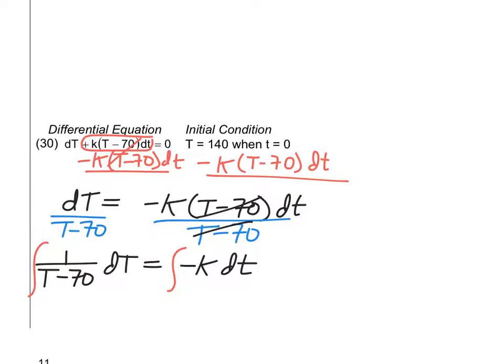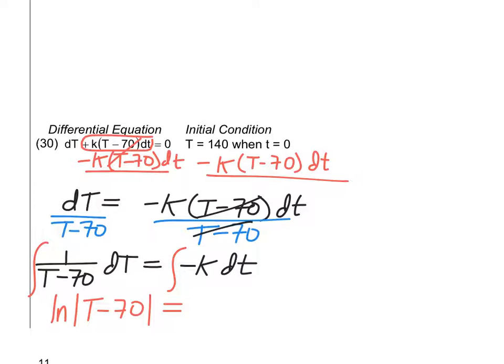What's the antiderivative of 1 over t minus 70? ln of absolute value t minus 70, yep. On the right-hand side, antiderivative of negative k dx.